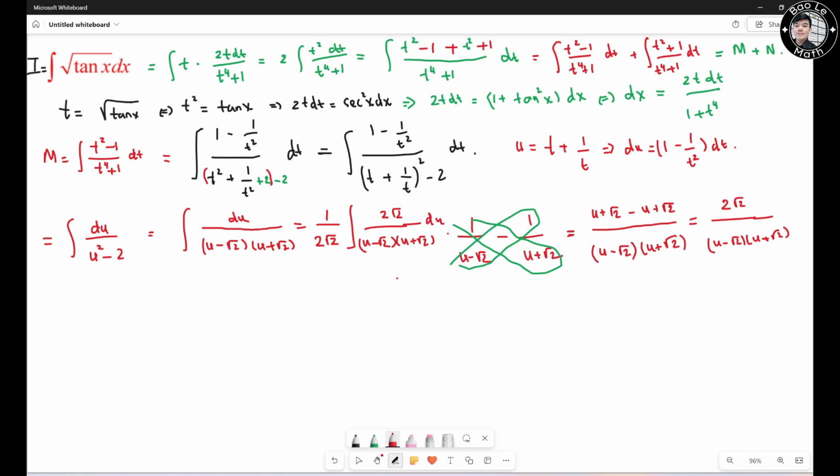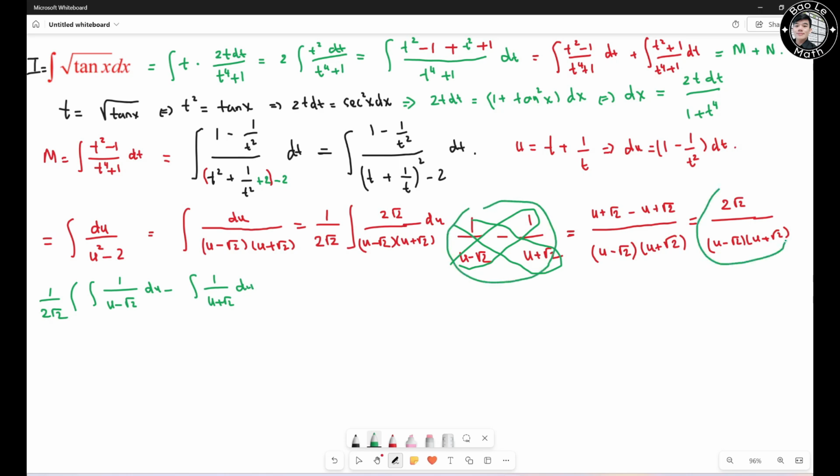So I decompose this: it turns out to be 1 over 2 root 2 of the integral of 1 over u minus root 2 du minus the integral of 1 over u plus root 2 du.